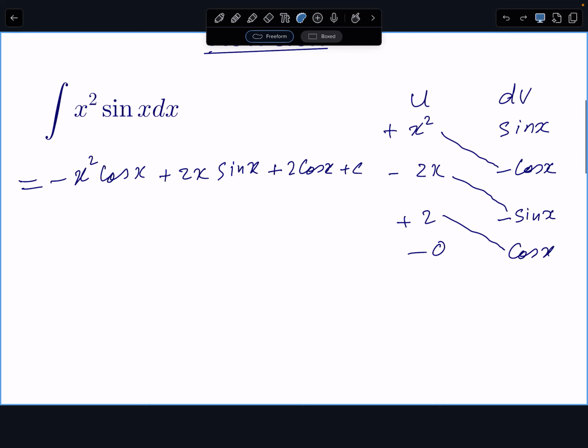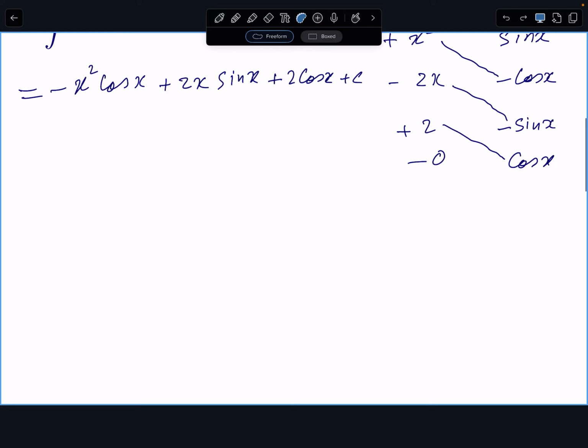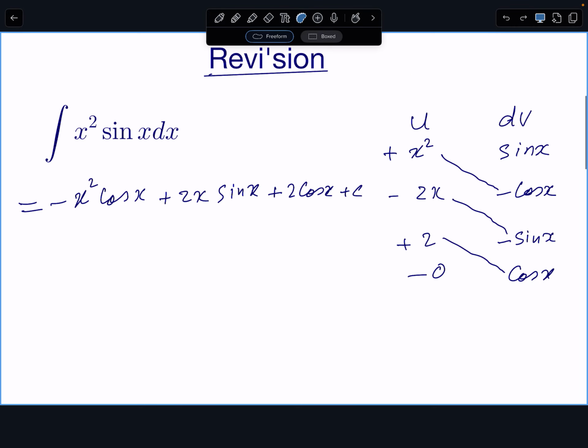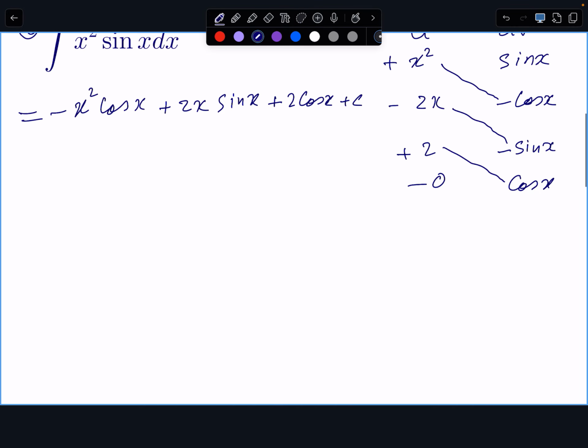Suppose we have another problem related to integration by parts, at least two problems of each. Okay, this was number 1. Let's say number 2.